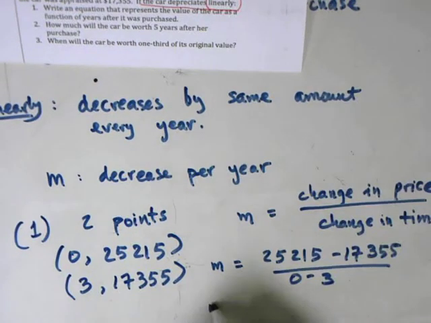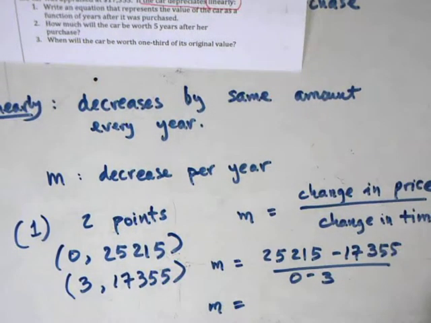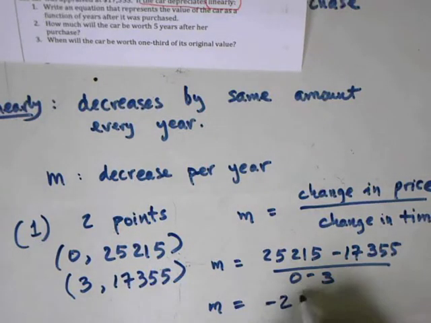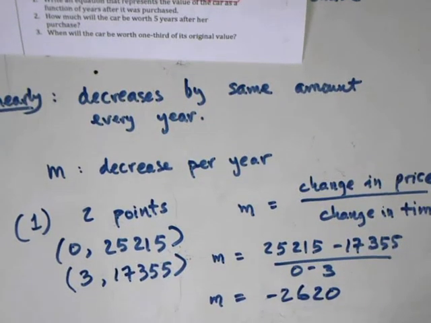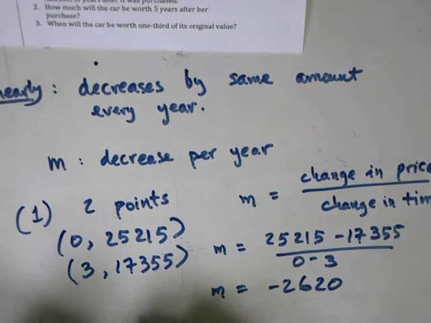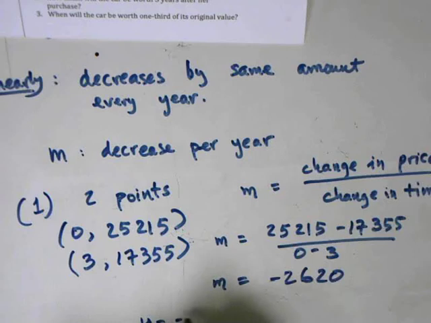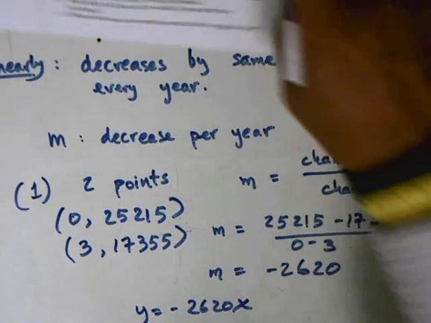And once we do that calculation, it's going to be negative 2620. And so that means our equation will be y equals negative 2620x, because x represents, remember, the number of years.